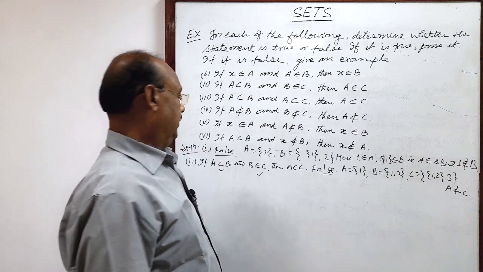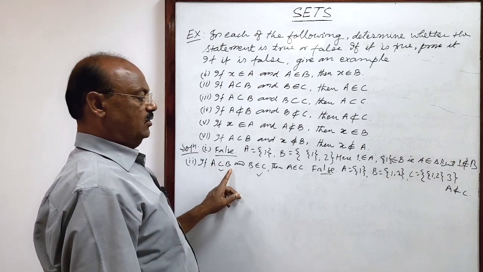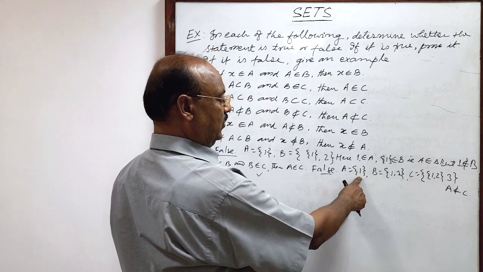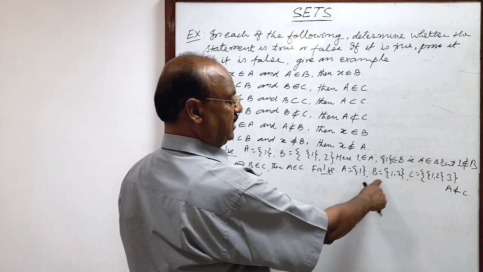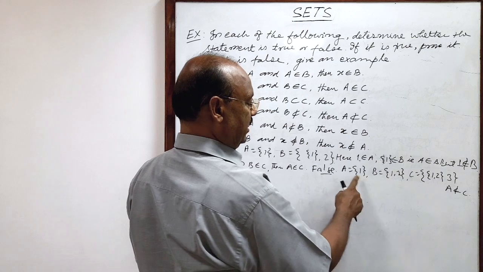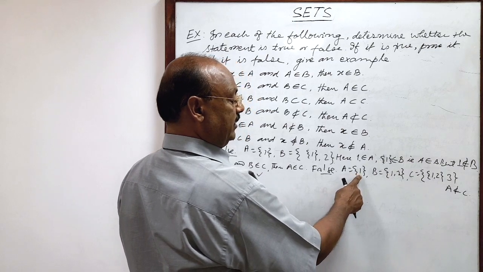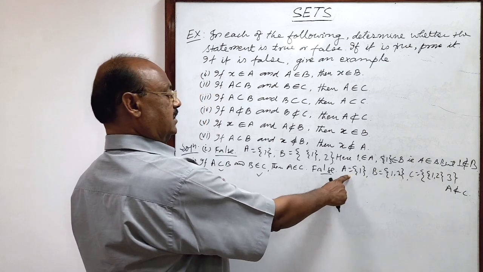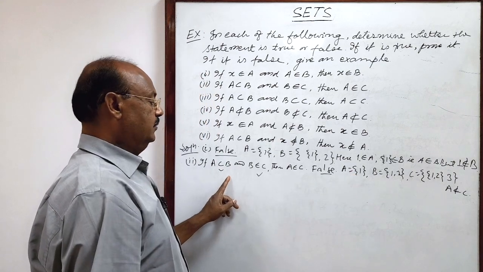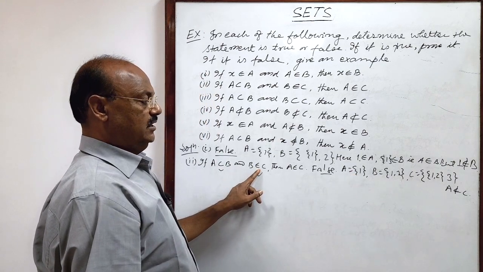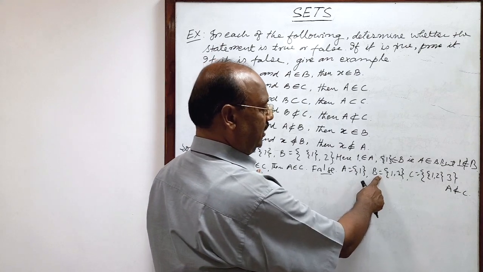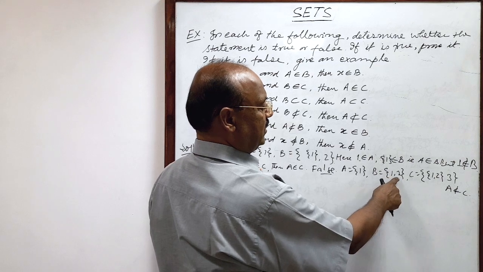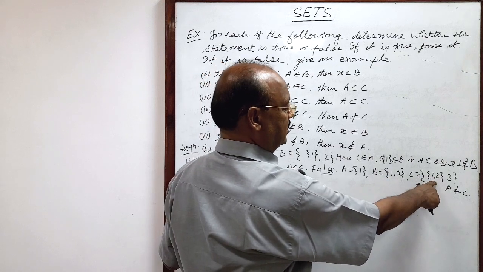Once again you see, A is a subset of B. A is a set having element 1 and B is a set having elements 1, 2. So definitely each and every element of set A is available in set B. So set A is a subset of set B, correct? B belongs to set C, because B is a set having elements 1, 2, which is in set C also.